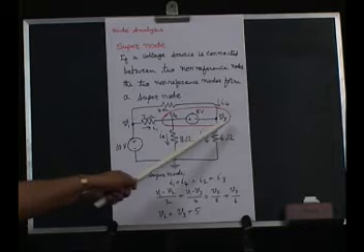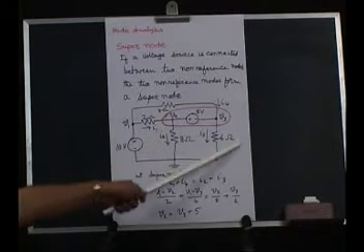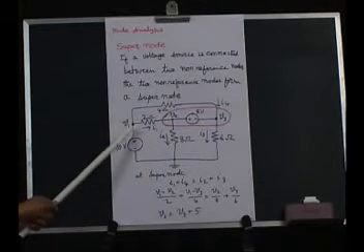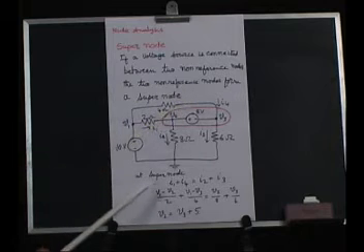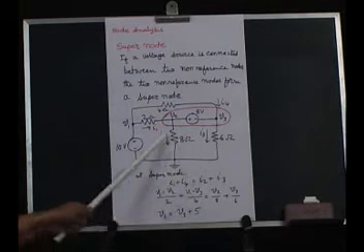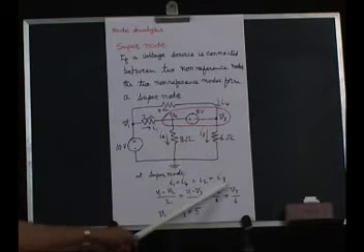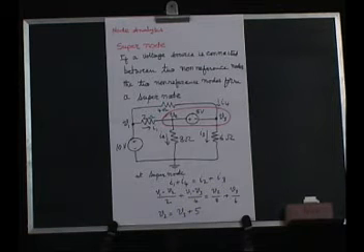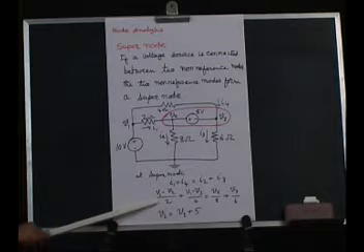So, we write Kirchhoff's current law at the supernode as currents entering equal to currents leaving. Currents entering are I1 and I4, currents leaving are I2 and I3. And then we write the equations in terms of the voltages.